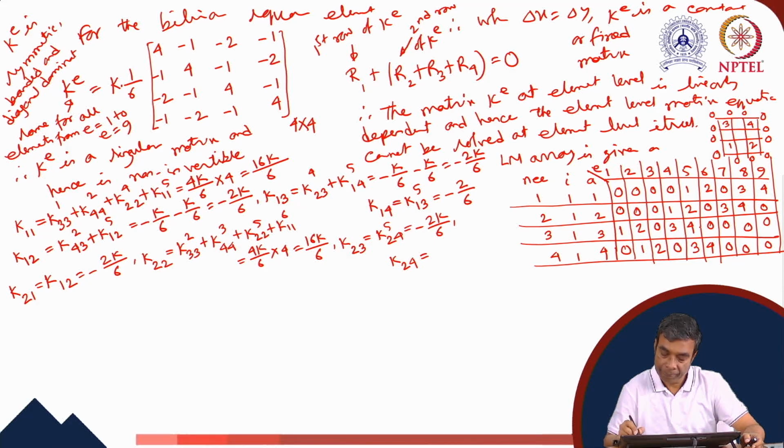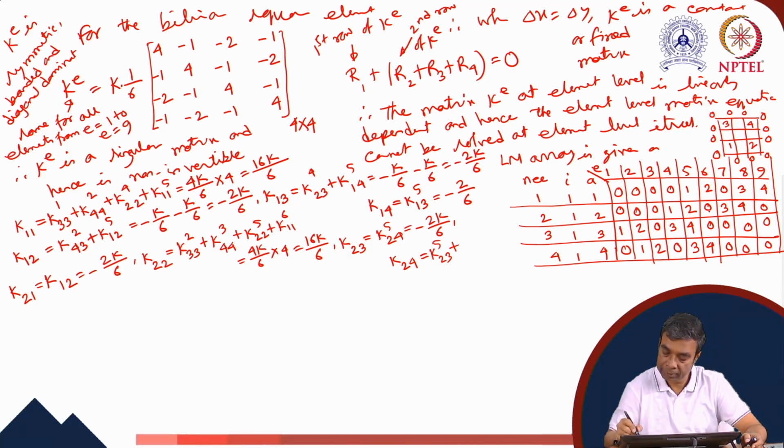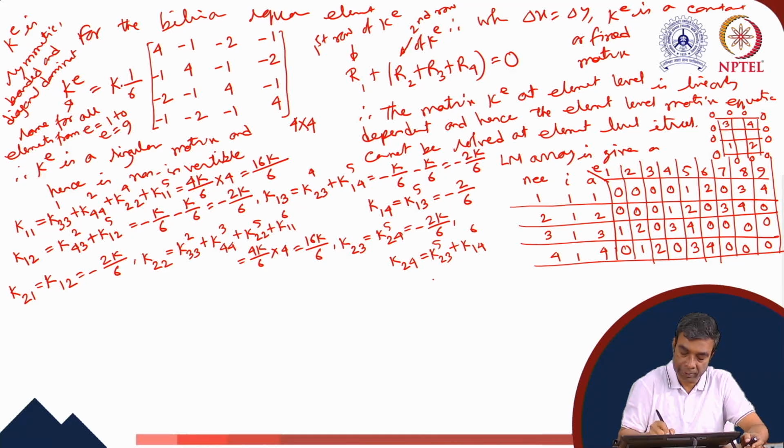So K24 will be K^5_23 plus K^6_14. Now K^5_23 is minus K by 6, and K^6_14 is also minus K by 6. So we get minus 2K by 6.